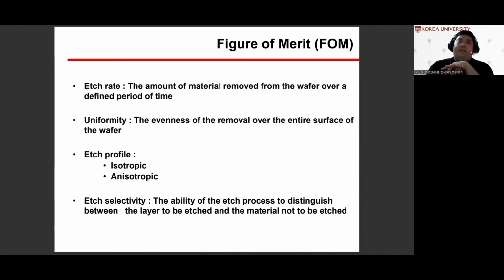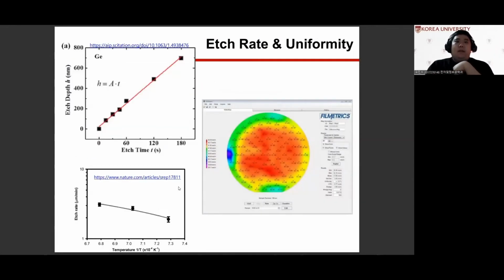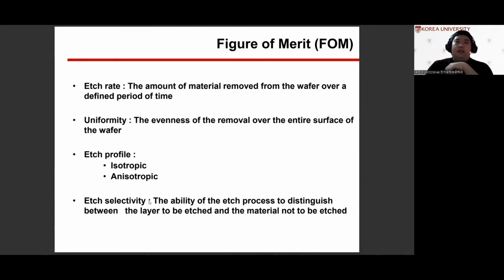The isotropic etching profile is like a hemisphere profile, usually used in making 3D structures, and an anisotropic etching profile is usually used to make deep trenches. Last but not least, etch selectivity is also important, to only etch the wanted material rather than unwanted materials.